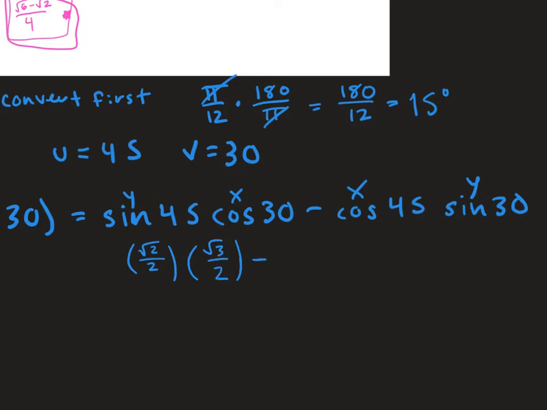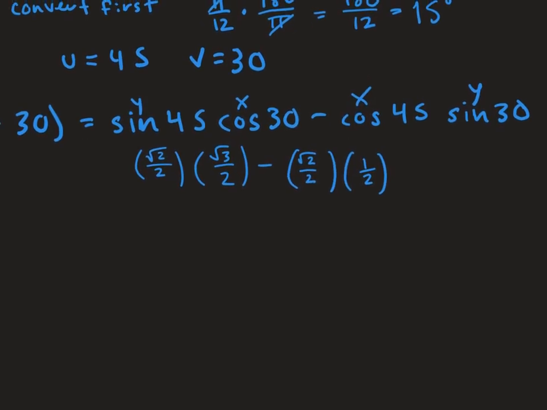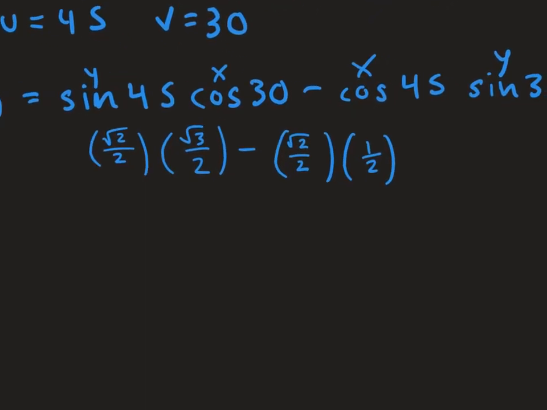Then minus, what's the cosine of 45? Square root 2 over 2. And then the sine of 30? One half.